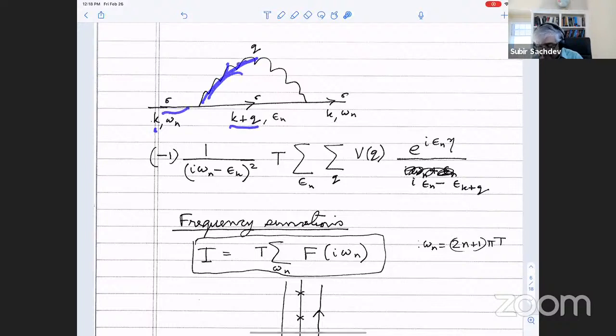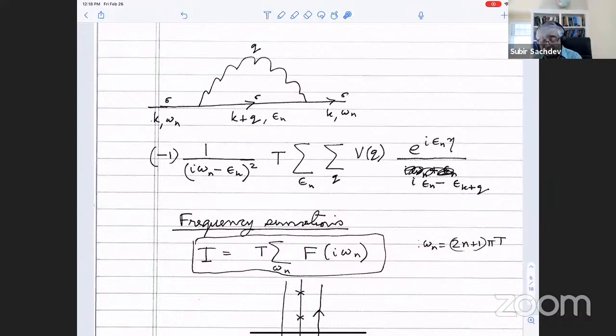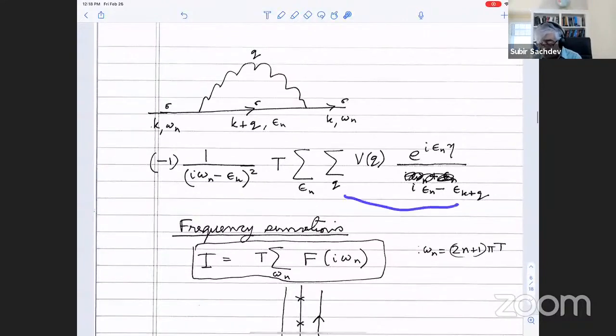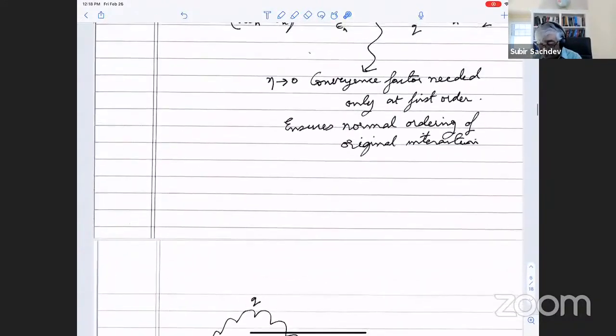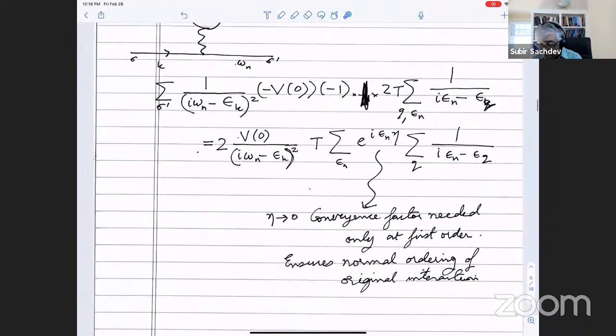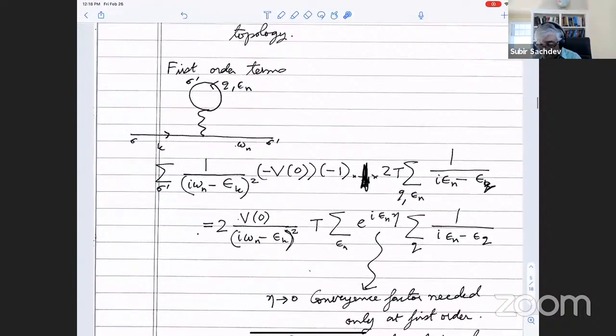So this K comes in, Q comes in, and gives you K plus Q. And then this is V of Q. So this gives you a V of Q here, and this is E of K plus Q. And it's in fact very much this term that we evaluated when we took this expression that we evaluated to get the Hartree-Fock quasi-particle energy. Here, momentum K keeps going through this way, and this is a circle. So in fact, this object here is carrying 0 momentum. That's why you had a V of 0.